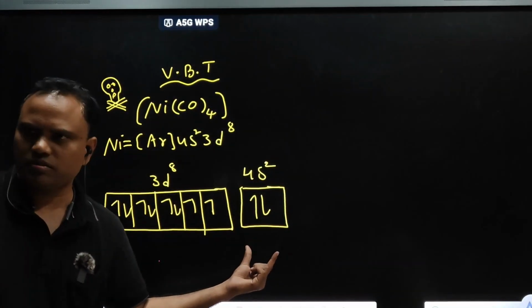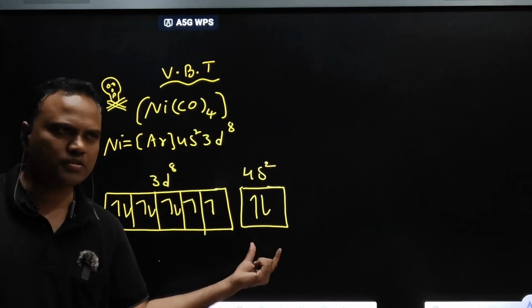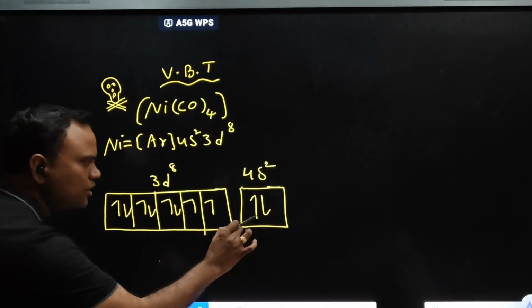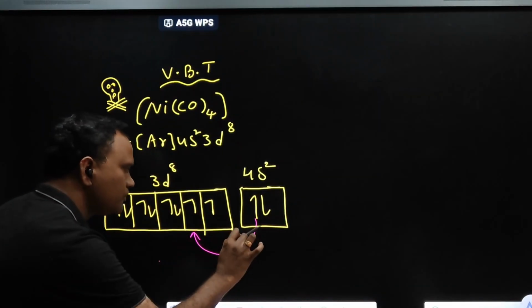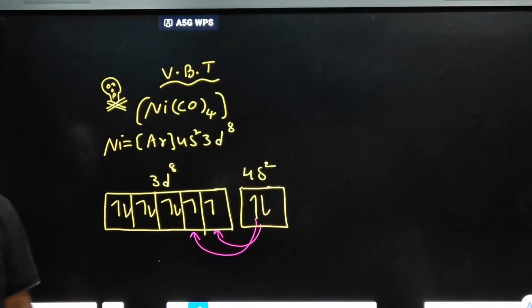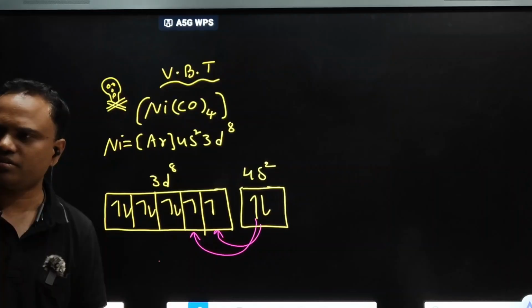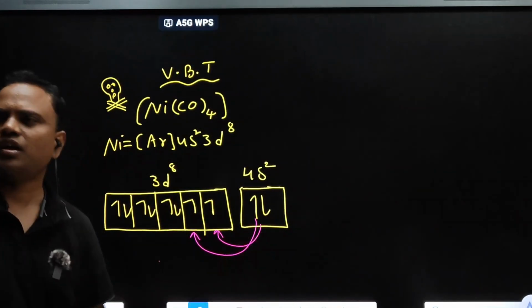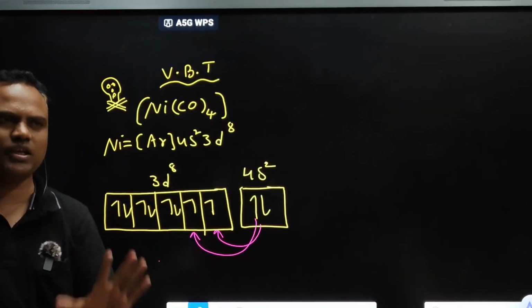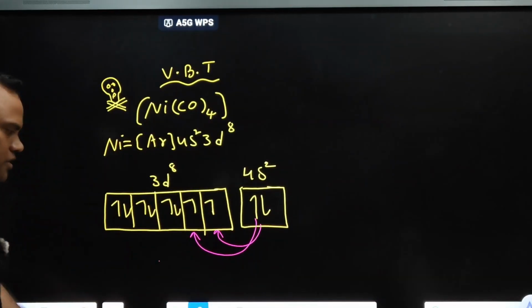The s orbital is there. Here 2 electrons are present. The 2 electrons entered into the 3d cell. Then vacancy is created in the s orbital. This is a different case. If you get lost in class, then you can understand later, right?